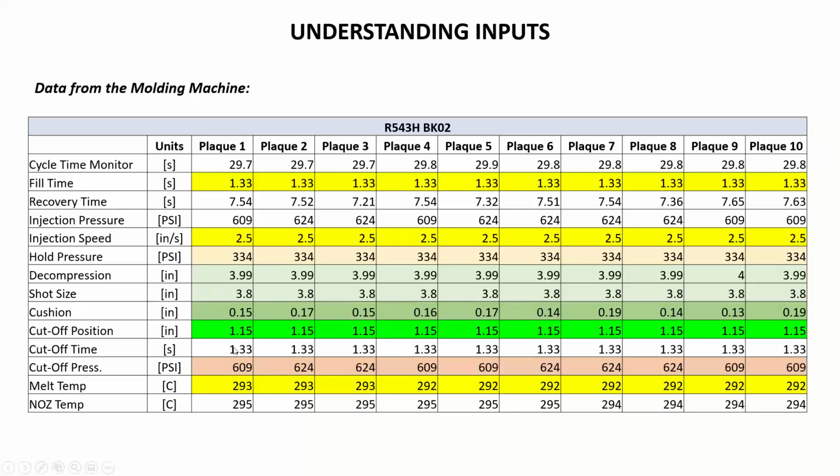When I get to the transfer position, when I hit that transfer cutoff position here, I have a peak pressure in the barrel that is my transfer pressure, right? So I see injection pressure, hold pressure, decompression.